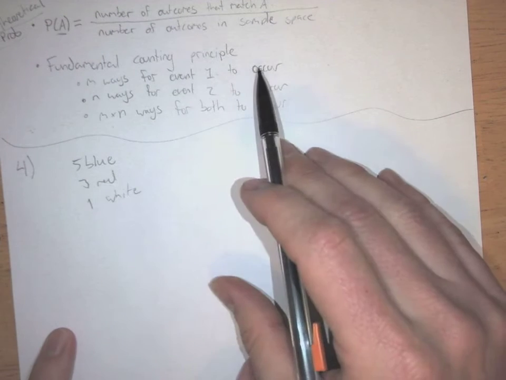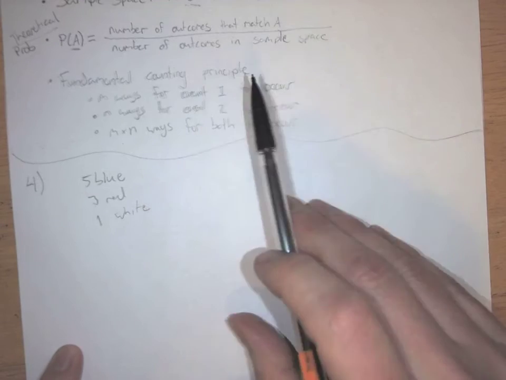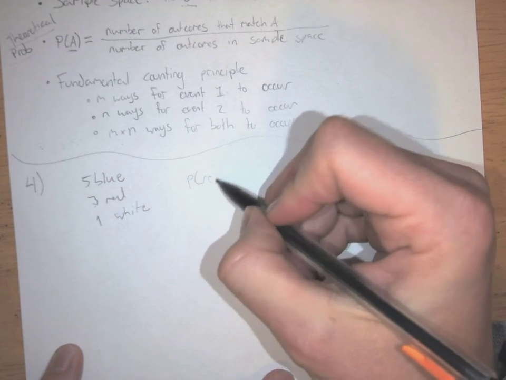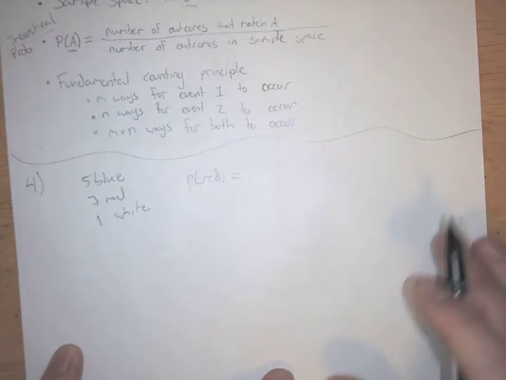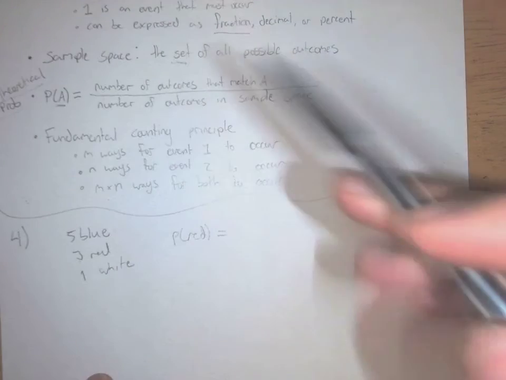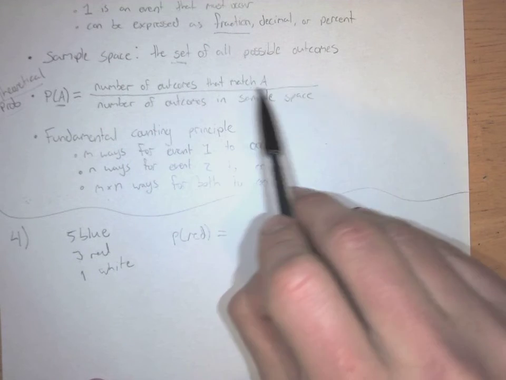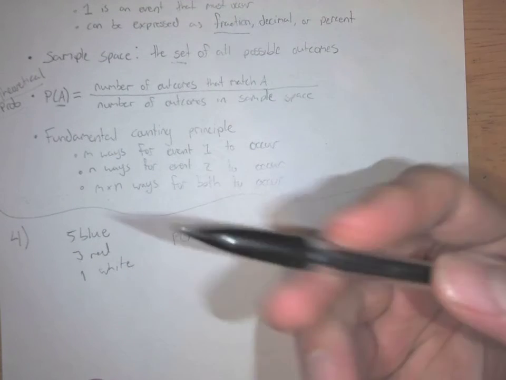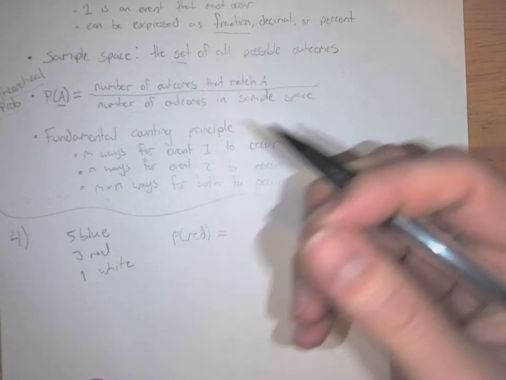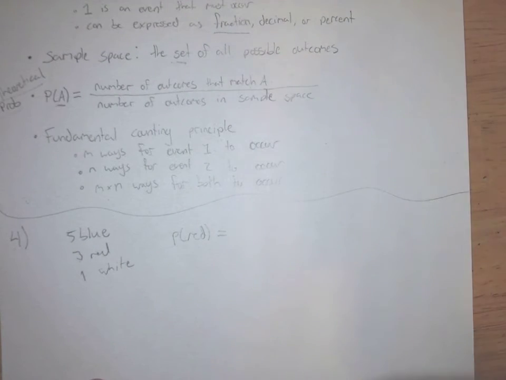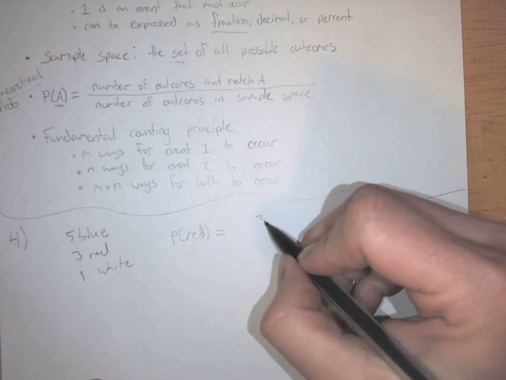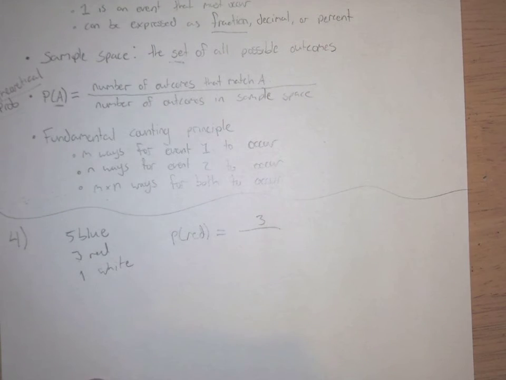So if we want the probability of drawing a red marble, what we want is basically the probability of red. Okay? Well, going by our formula here, the probability of red is the number of outcomes that match red. Well, there's 3 red marbles, so you could draw red 1 or red 2 or red 3. There's 3 different ways to draw a red marble because there's 3 red marbles in there, right?